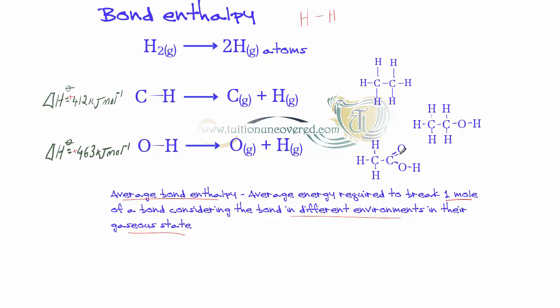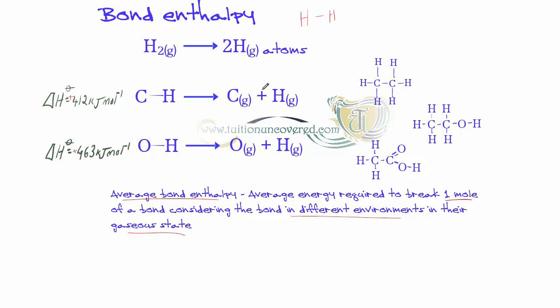It's simply just when those bonds are in their gaseous state, the value, the strength, the average bond enthalpy for those bonds. Energy going in, positive value, the amount of energy required to break 1 mole of those bonds, considering they're already in the gaseous state, to simply make gaseous atoms.